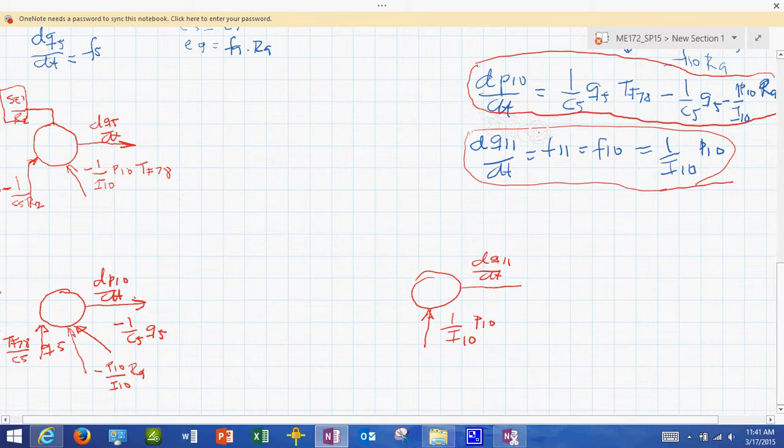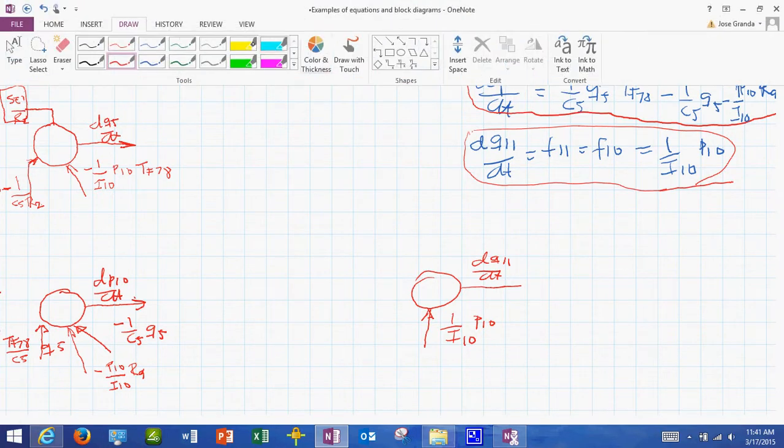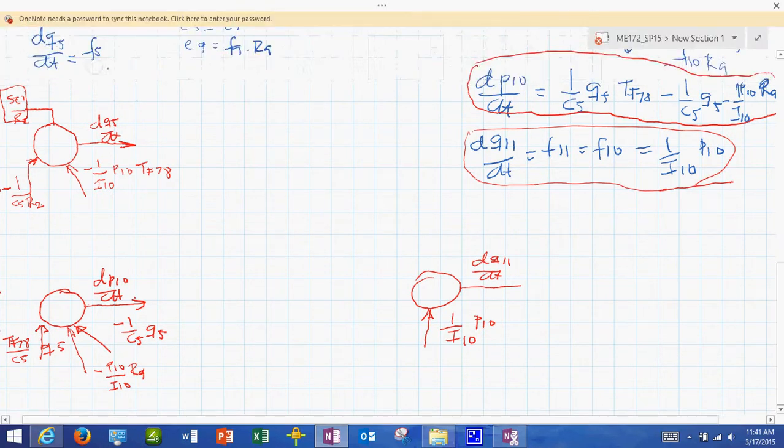Once you have transformed those three equations into summation points, now it's time to do the integration on each one of them. 1 over s, and what you get is q sub 5.